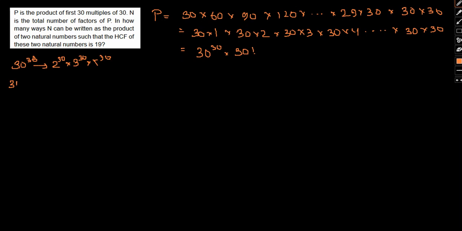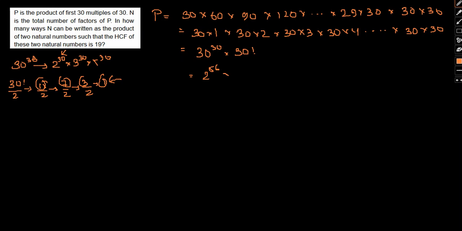And in 30 factorial, the highest power of 2 would simply be 15, 7, 3 and 1. So 15 plus 7, 22, 22 plus 3, 25, 26. So 30 in here plus 26 in here gives us 2 to the power 56.